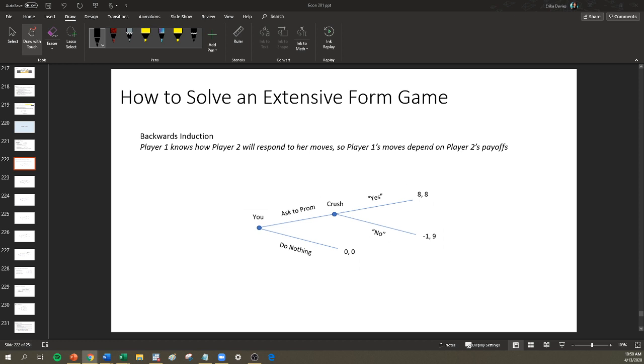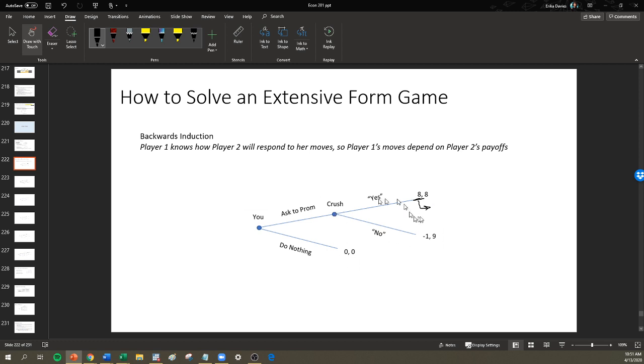So here's how we do this backwards induction thing. These numbers at the ends, at the branches of these trees, represent player payoffs. The first number in each pair is the payoff for player one, the first mover.